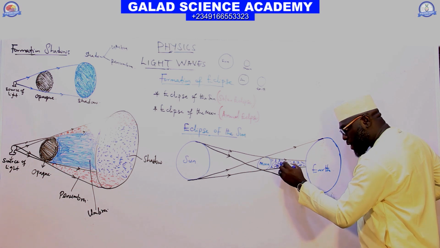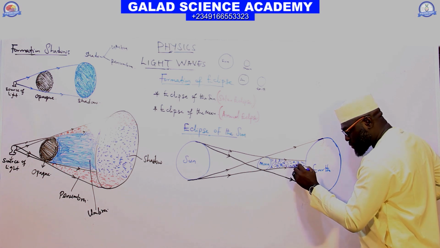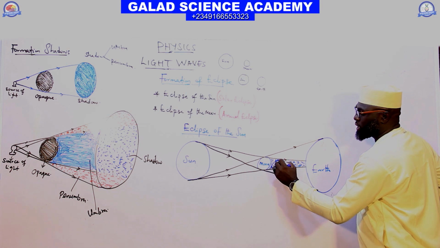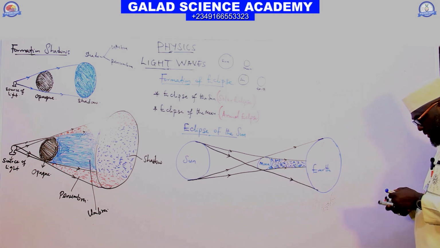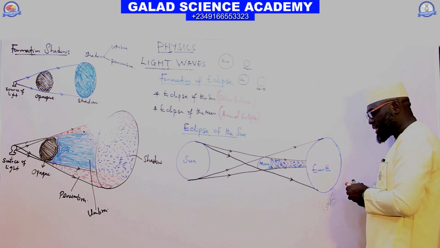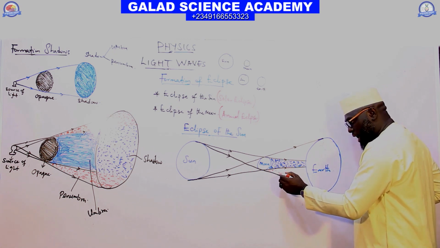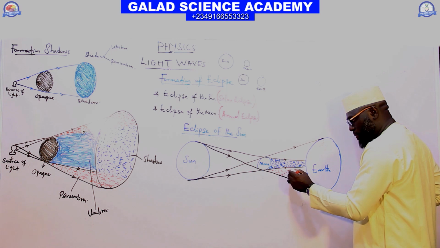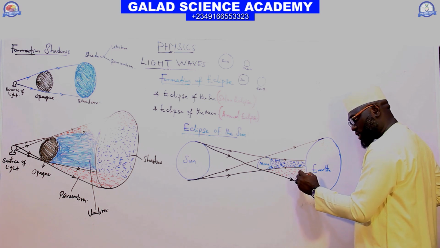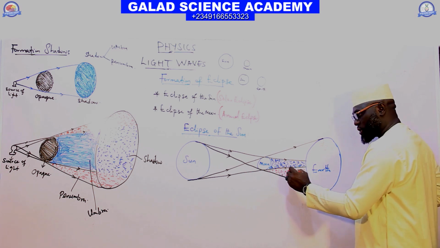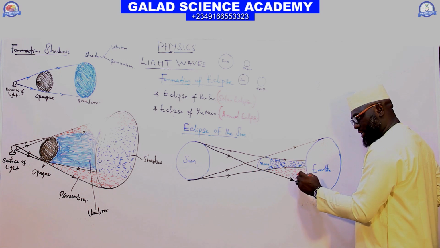Any objects at this region will experience total darkness. But any object that we have at this particular region here will experience what we call partial darkness.